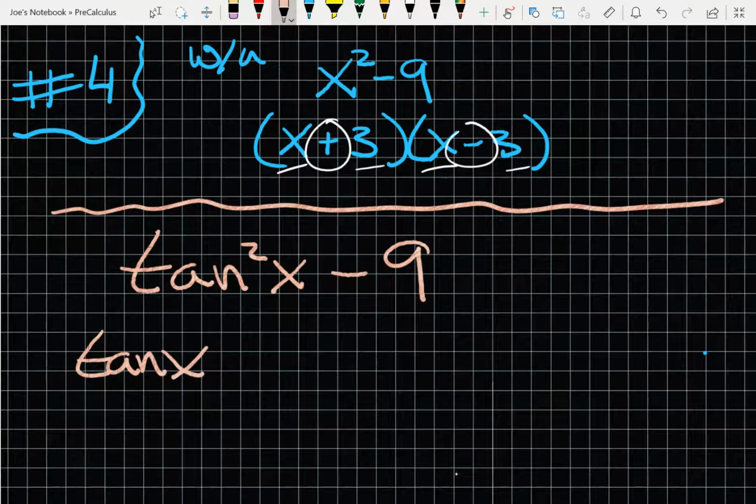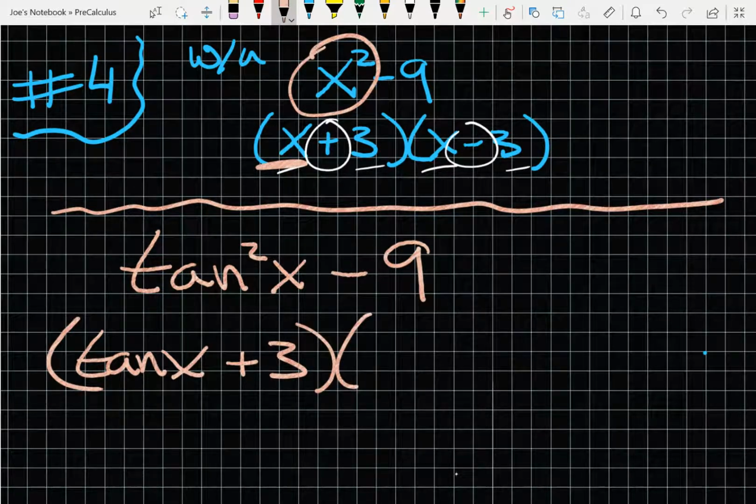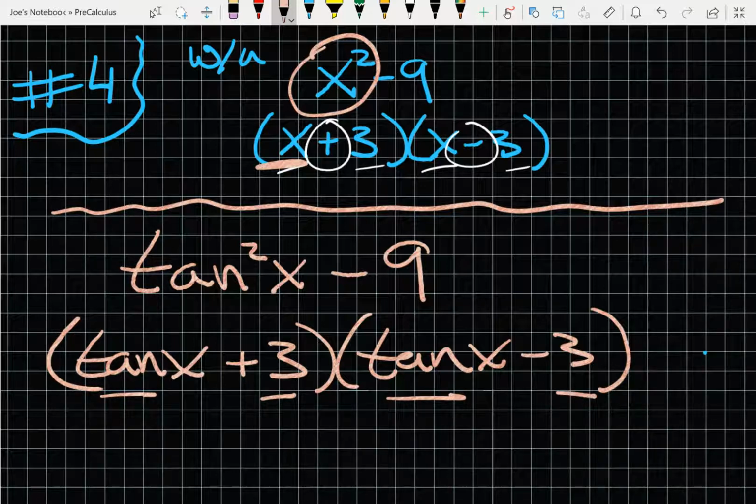The square root of x squared was my x, so the square root of tangent squared is tangent. So tangent plus 3, tangent minus 3. Same terms, plus and minus. That is factored as much as we need it for now. We're not setting equal to anything, so we're good.